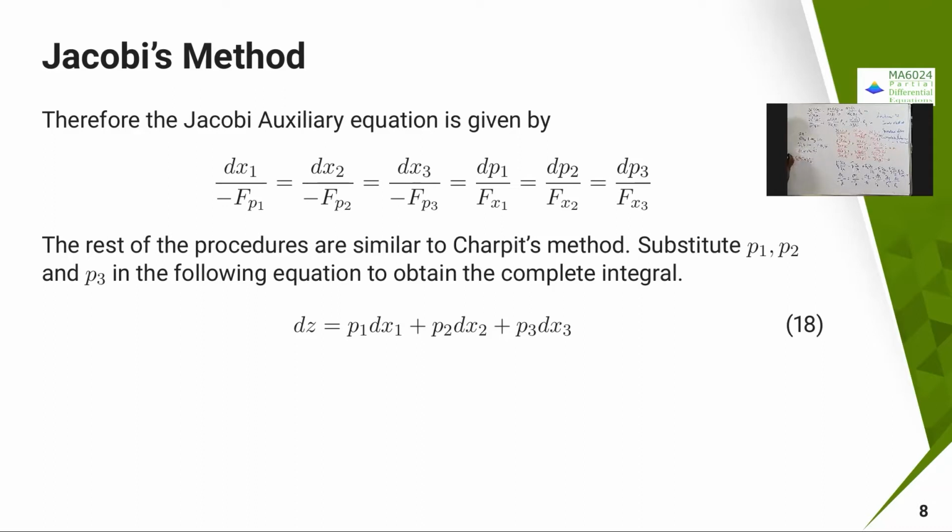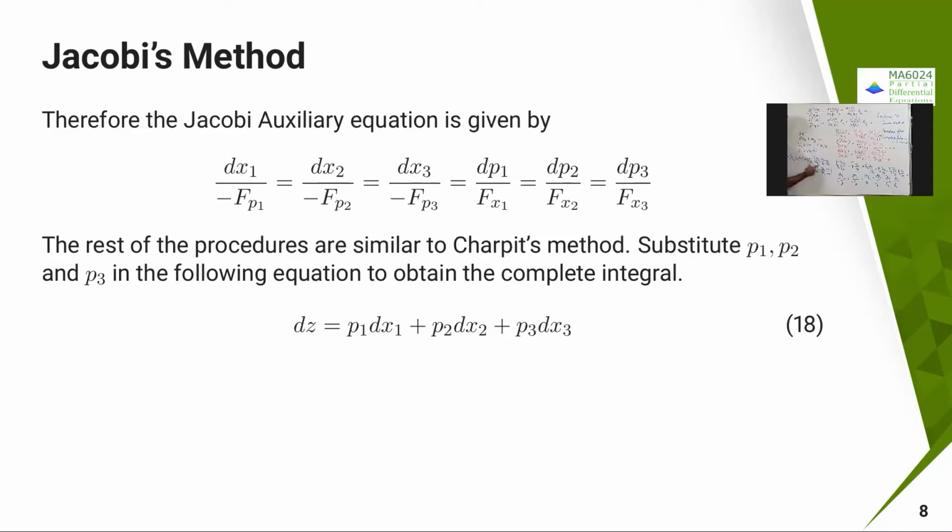And this (u_x, u_y) is going to be the gradient of g1: ∂g1/∂p1, ∂g1/∂p2, ∂g1/∂p3, comma ∂g1/∂x1, with a minus sign in this case, ∂g1/∂x2, ∂g1/∂x3. So this is the characteristic, and this is the directional derivative.